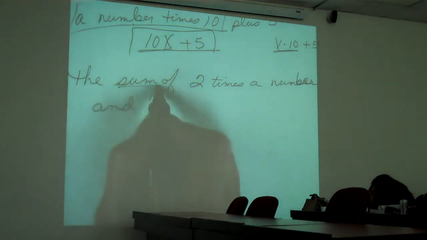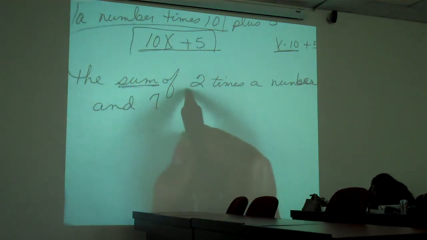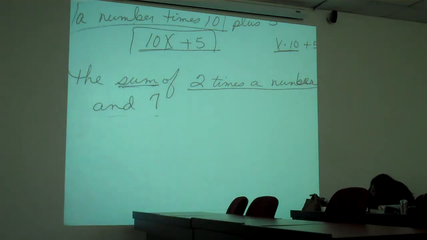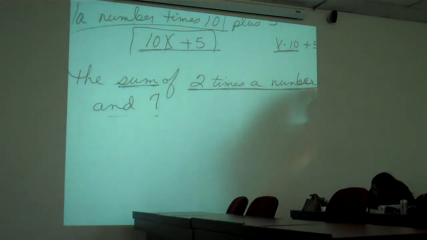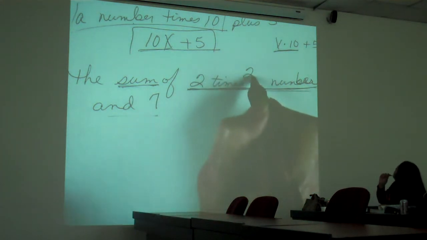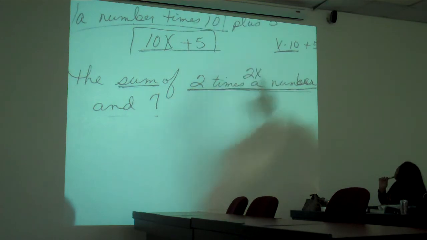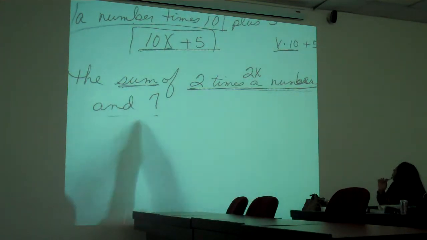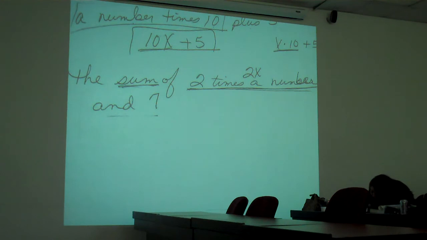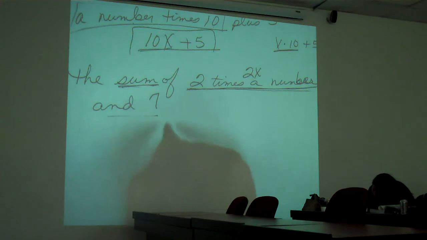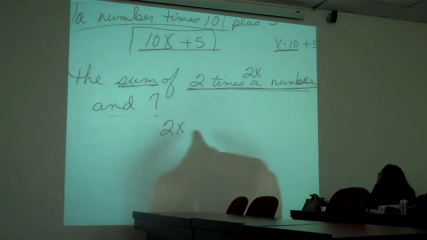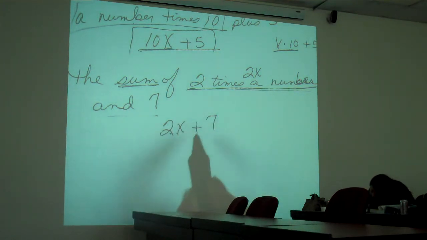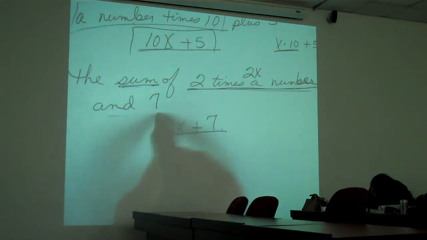Okay, you're adding this and 7. So kind of figure out what you're doing there before you start writing numbers. Above this, if you want to write 2 times a number, would be 2n or 2x or whatever. So you have the sum of this and 7. So what are we going to do with that? 2x plus 7. Right, 2x, the sum of this and 7. There you go.